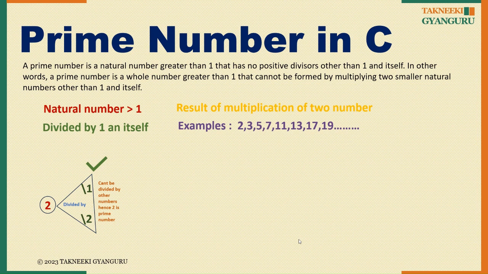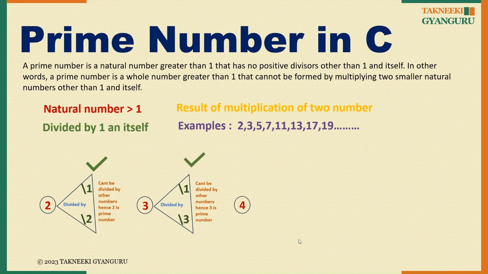So 2 is a prime number. Similarly, 3 can be divided by 1 and 3, and it can't be divided by any other number. That is why it is also called a prime number.